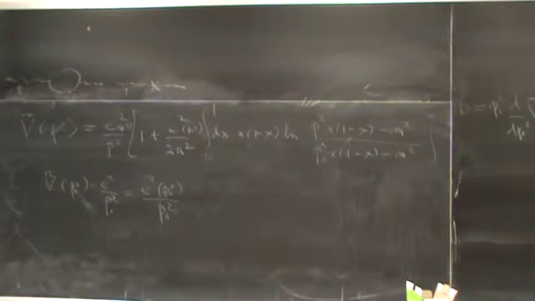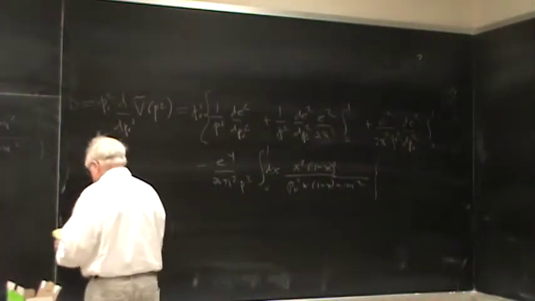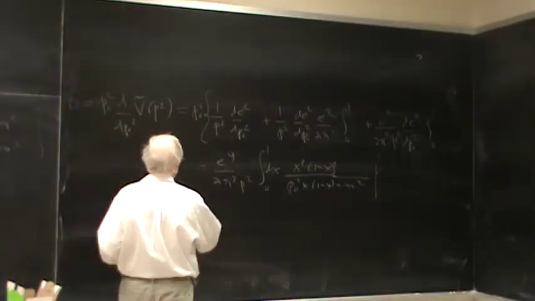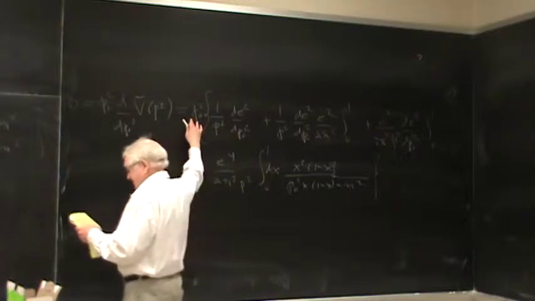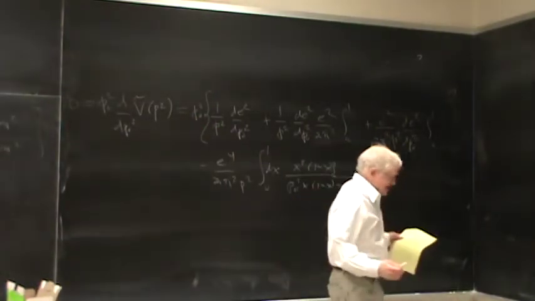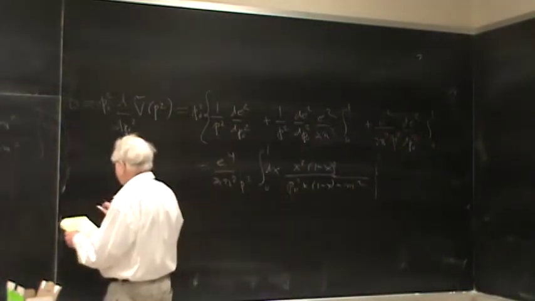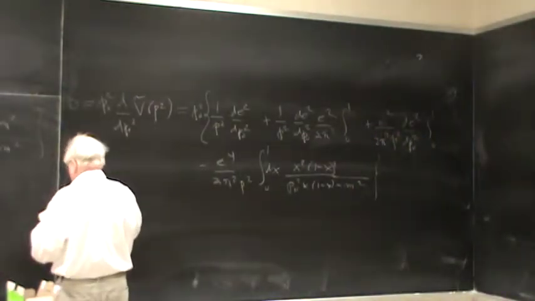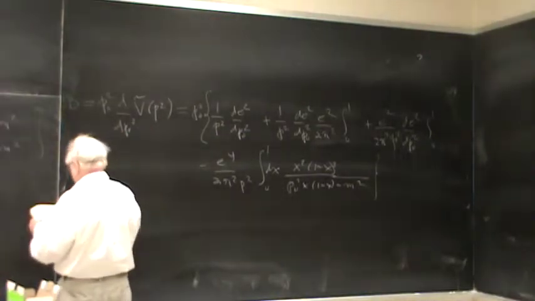Now, let's simplify this a little bit. Well, first of all, we can get rid of this p0 squared out in front, which was ridiculous. And then dE squared is 2E dE.